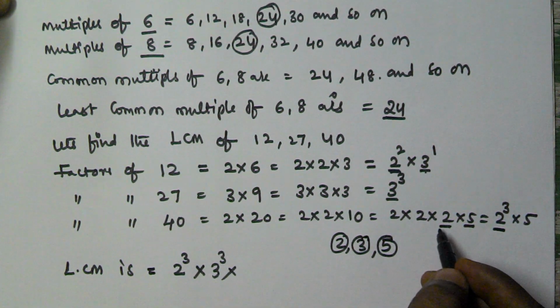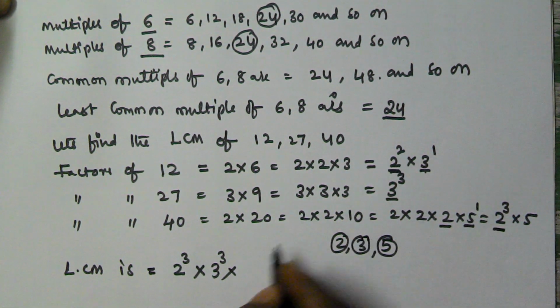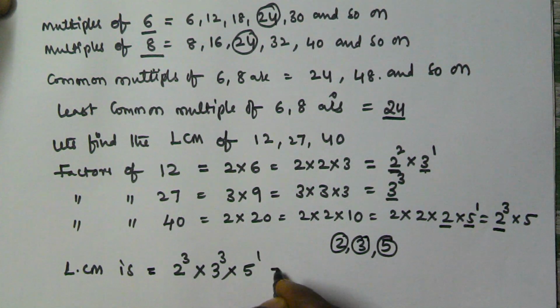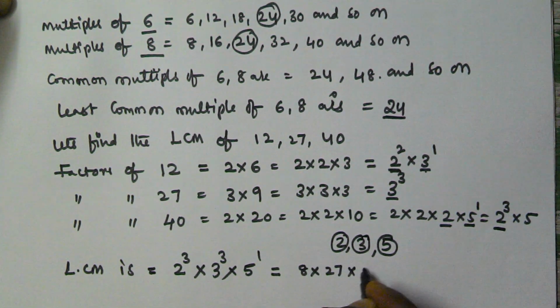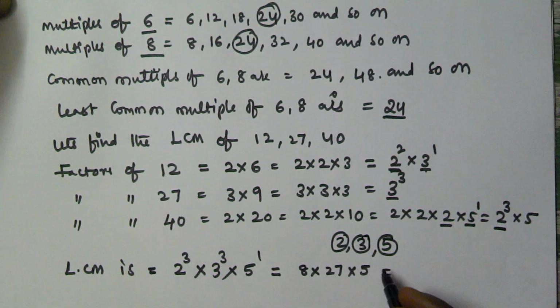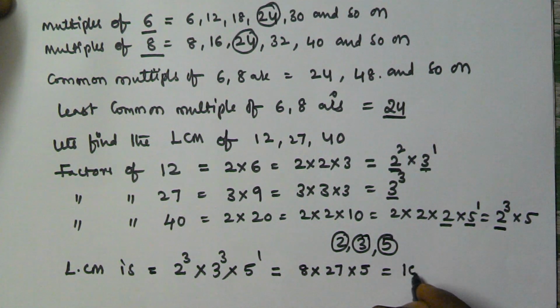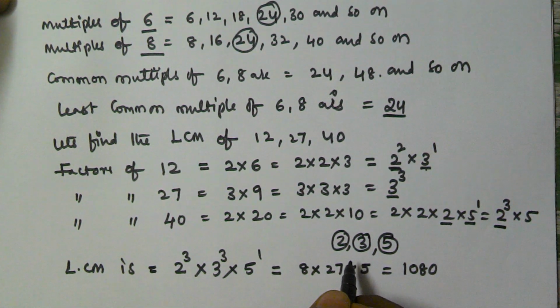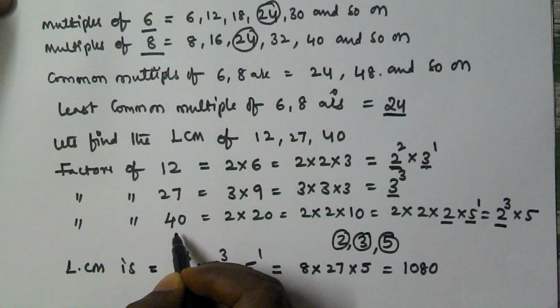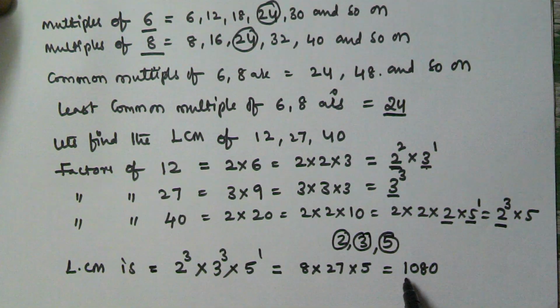And the highest power of 5? Only one 5 is there, 5 to the power of 1. So 2 cube is 8, into 27 into 5. The multiplication is going to be 1080. So the LCM of 12, 27 and 40 is 1080.